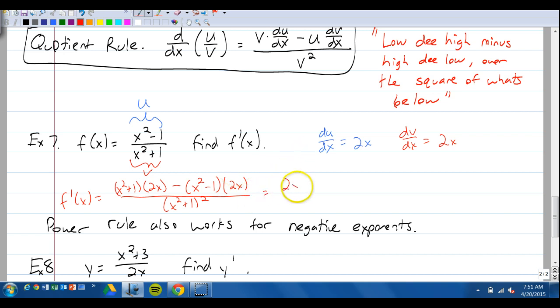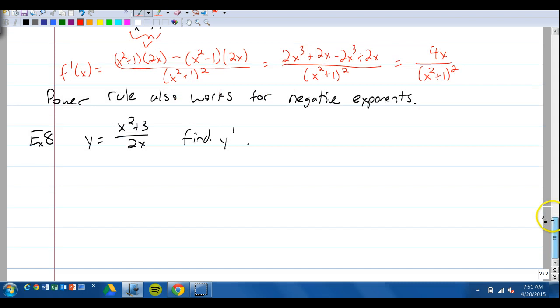We get 2x to the third plus 2x minus 2x to the third, and then that becomes a plus 2x, because you have to distribute that negative in there. Don't forget to distribute your negatives. So we get 4x on top over x squared plus 1 quantity squared. Okay, so that is how you can use the quotient rule.